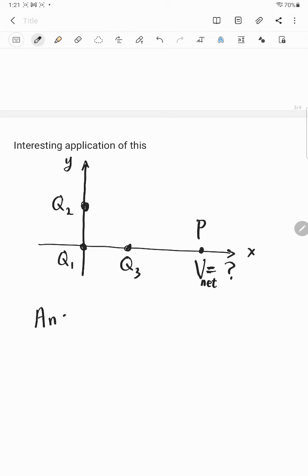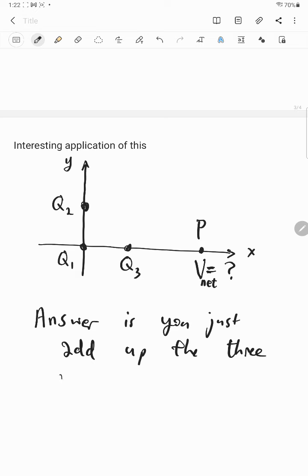So the answer is you just add up the three contributions separately, right?